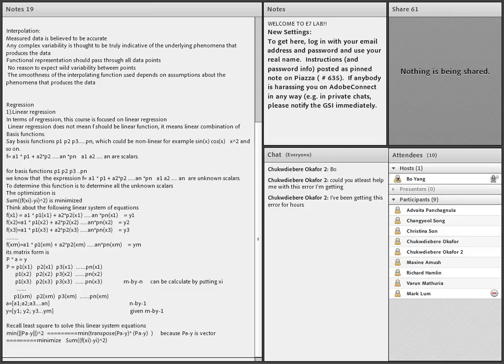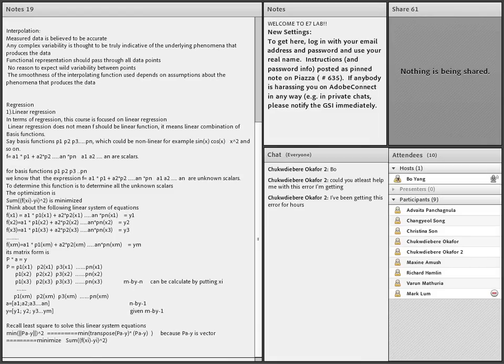So let's go back to the regression problem. We said the optimization to find the regression function is to find the minimization of the sum of square f(xi) minus yi.